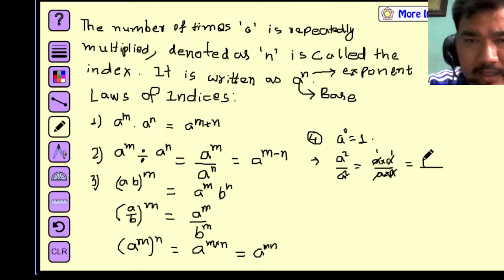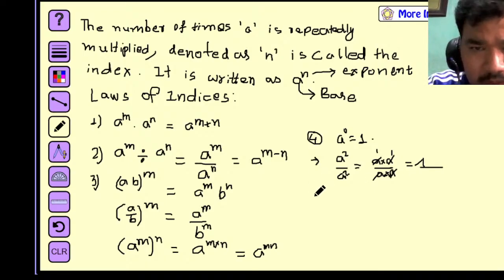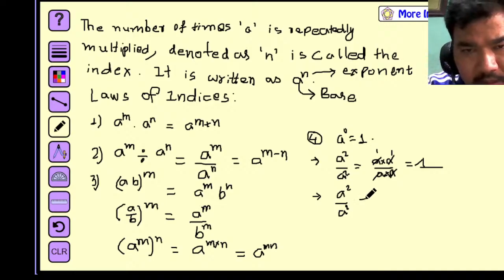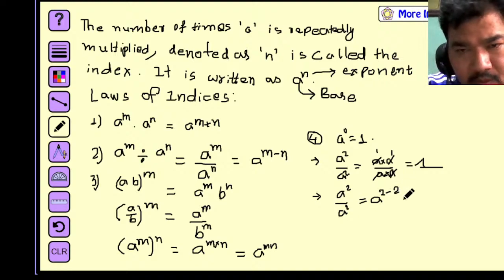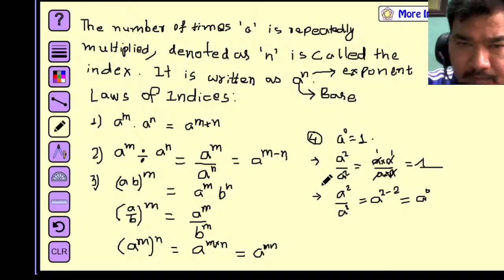Now, according to the laws of indices, in the division case, a square divided by a square, what do you do here? A to the power 2 minus 2 you have to write here. Then a to the power 0 will come. Children, the question was the same, a square divided by a square.